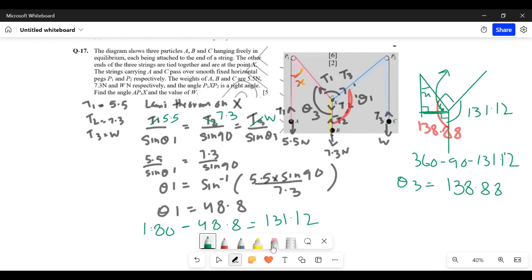So this upper angle is going to be 138.88 minus 90। क्या आता है? मैम 48.88.